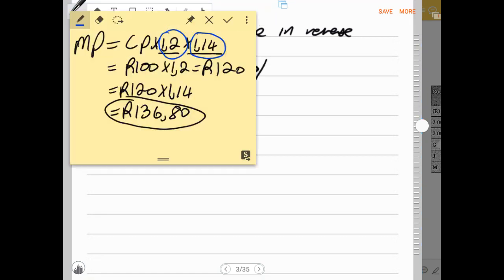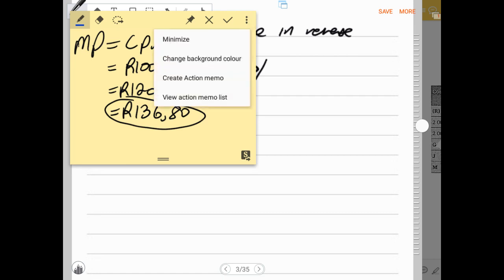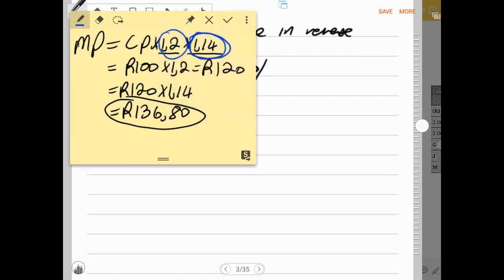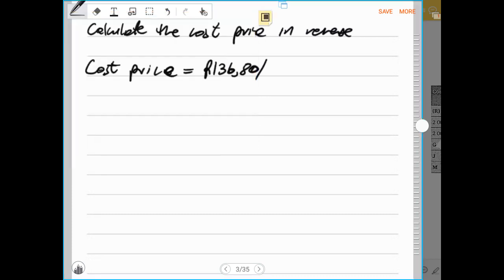What do we remove first? We first have to remove the VAT, which is 1.14. And mathematically, to reverse multiplication, you must divide. So now we just have to say divide by 1.14. Then if you divide that by 1.14, it will give you 120 of the selling price.